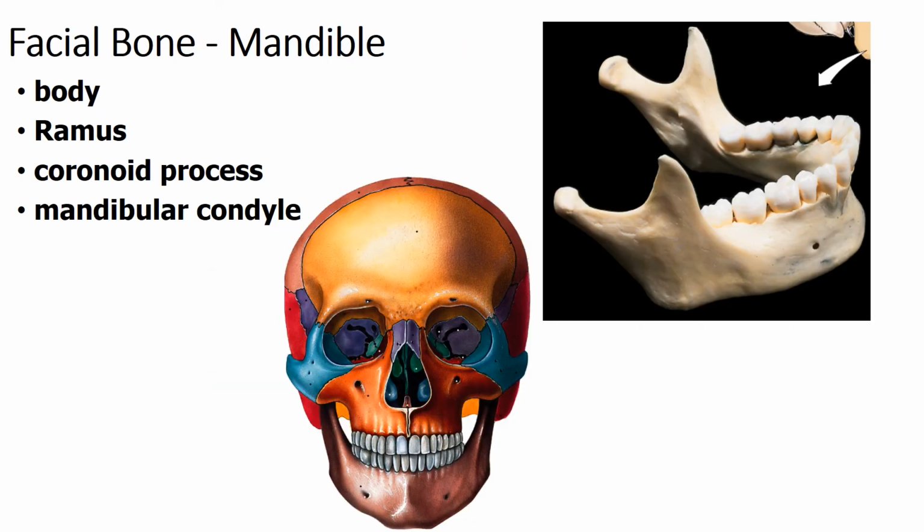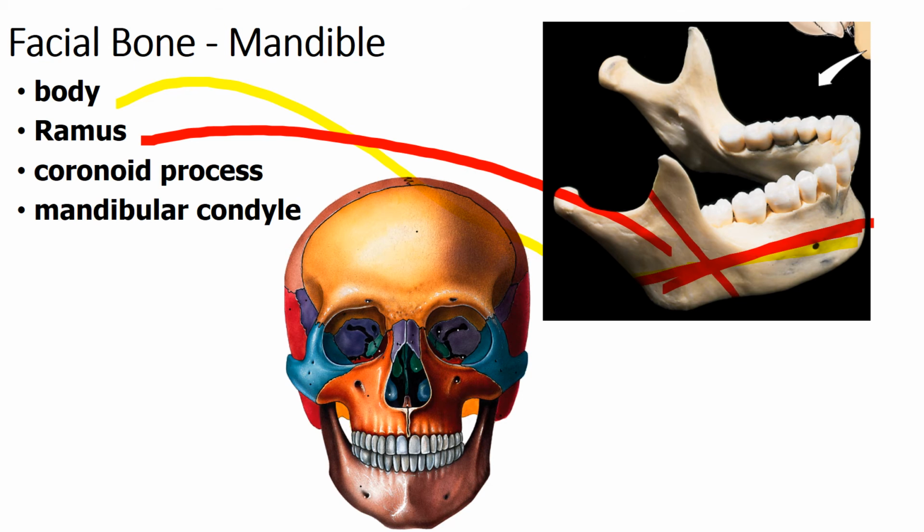The mandible is an unpaired bone, so there is only one of them, and commonly known as our lower jaw. So the body of the mandible is going to be this horizontal portion that we see. The ramus then is going to be perpendicular, and it's going to be slightly at an angle.